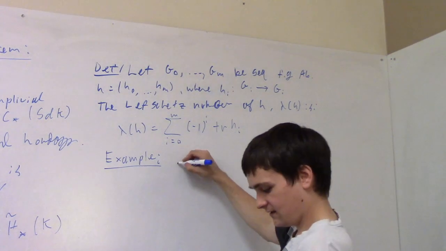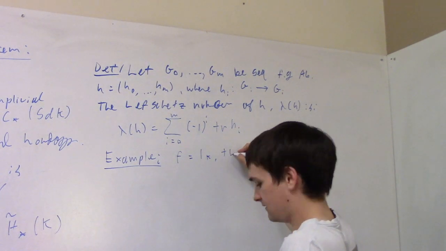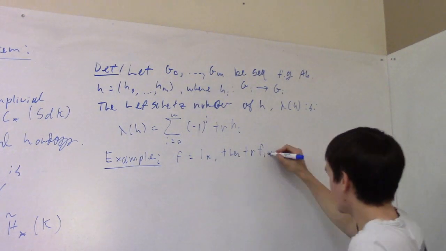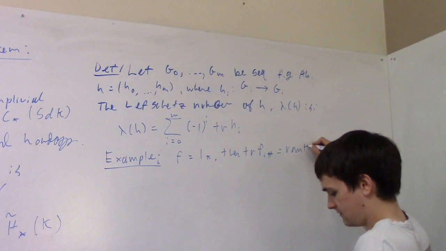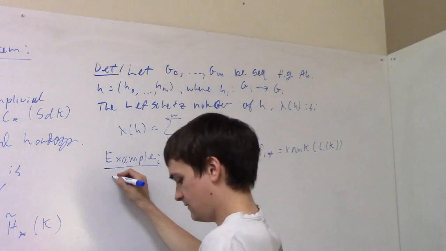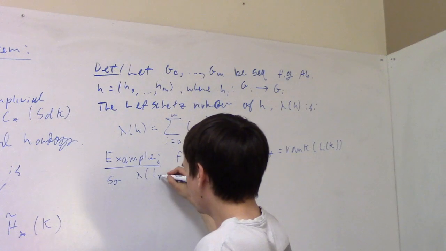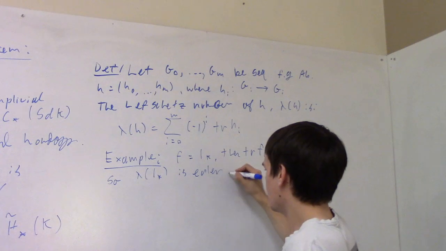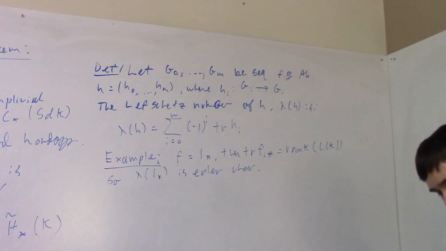If you let F just be the identity on K, then the trace of the map induced by F sub I is equal to the rank of C sub I of K. So lambda of the identity on K actually is the Euler characteristic. So this is sort of a generalization of that.